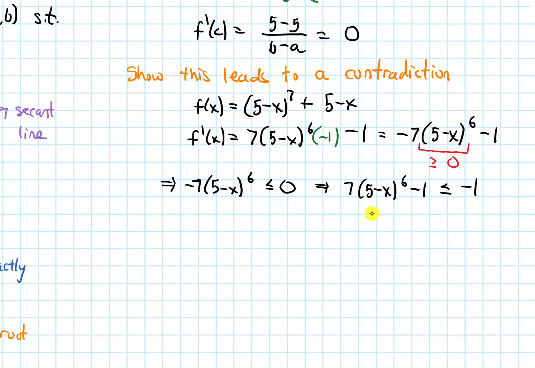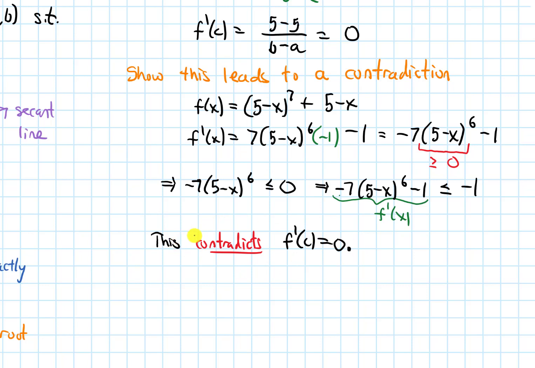So what we've just shown is that our derivative, whoops, sorry, there should have been a negative in front of that 7, this was our derivative, is always going to be less than or equal to negative 1. So there's no way it can be equal to 0, like what was supposed to happen because of the mean value theorem. So this contradicts the fact that f prime of c is supposed to be equal to 0.